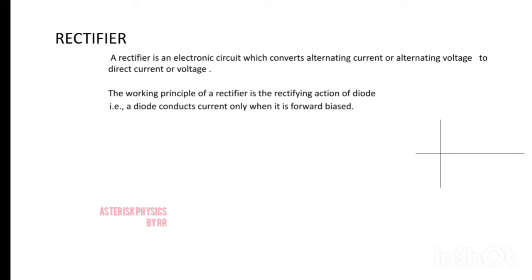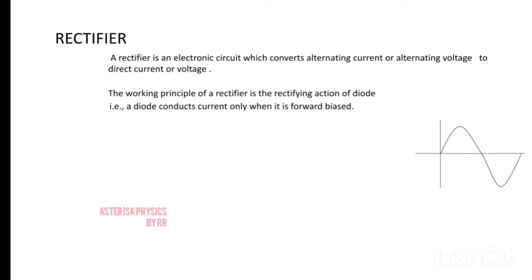Now, what is an alternating voltage? An alternating voltage or an alternating current is a current whose value changes continuously and direction periodically, which is indicated there in the figure. The value of alternating current or alternating voltage keeps on changing.